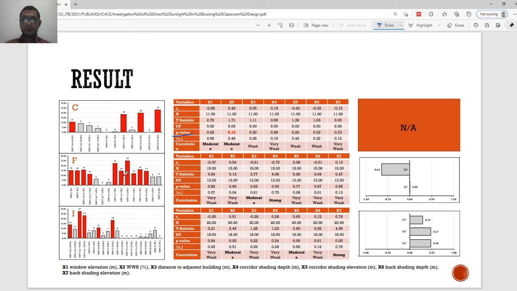Then moving on to group F, we have one moderate and one strong correlation, and when we conduct the multilinear regression for the sensitivity value, we have that X4 has a moderately sensitive value with a negative trend here.